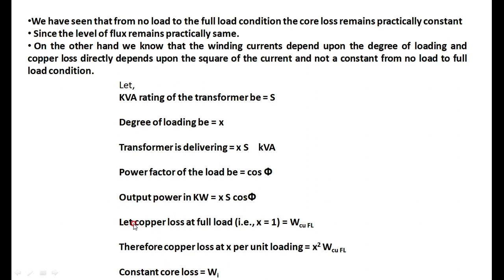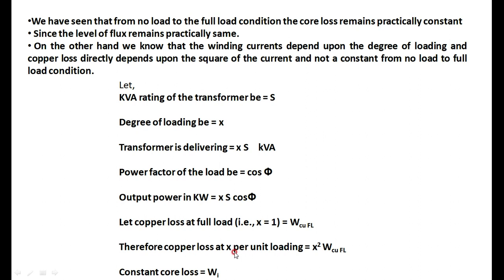Then the next important factor you have to calculate is the copper loss of the transformer. We know that the copper loss at full load is represented by x is equal to 1. Therefore, let the copper loss at full load be W_Cu,FL. It corresponds to the full load copper loss.